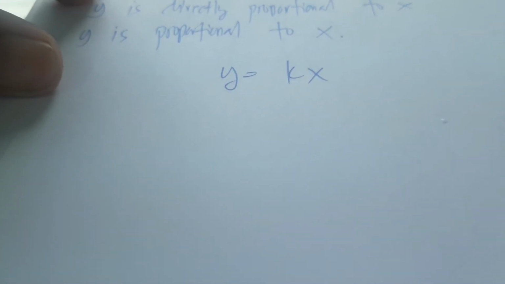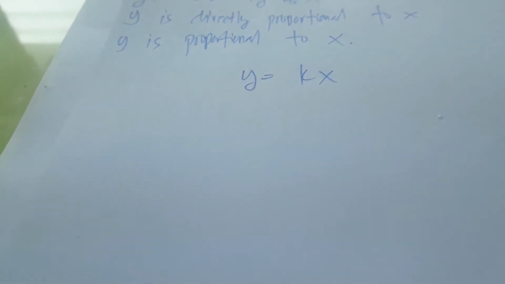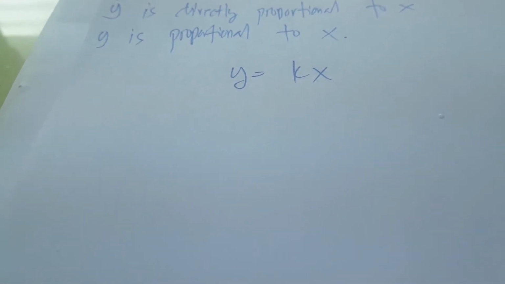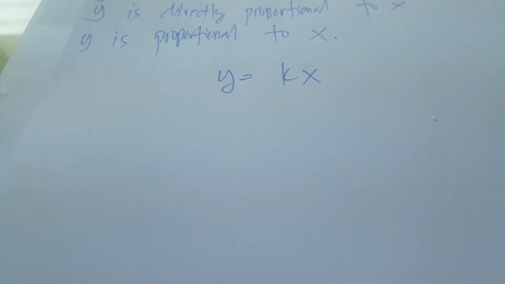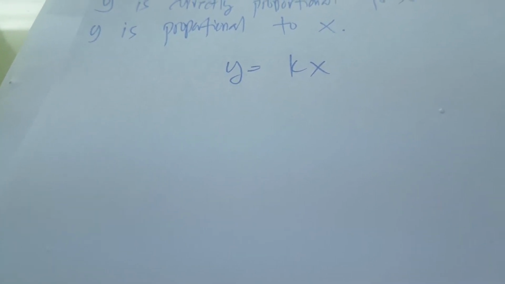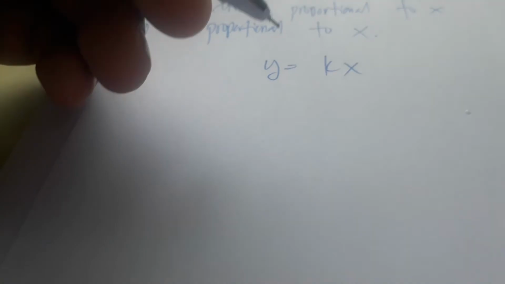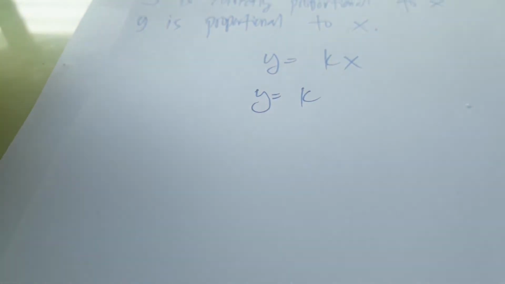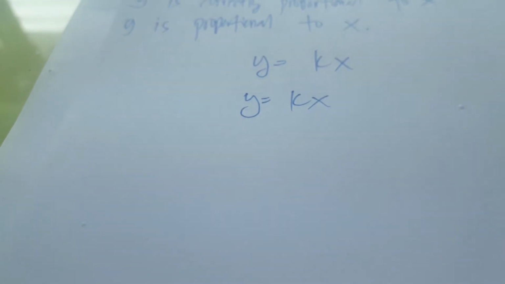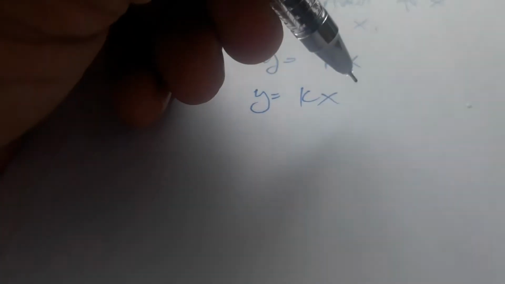Since the ratio is held constant, by the multiplication property of equality, we can multiply both sides of the equation by 1 over x.